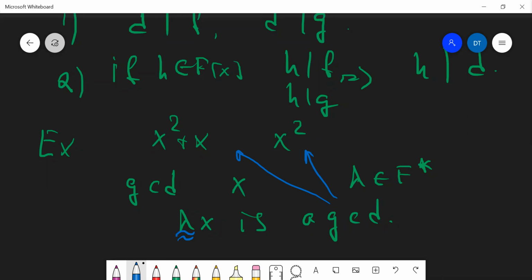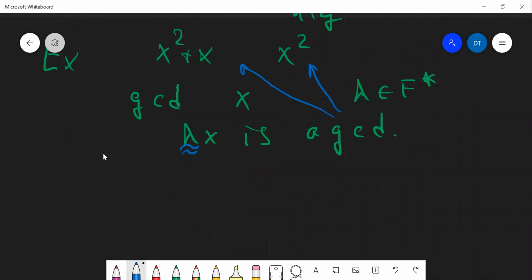So it's not unique. So in order to specify some greatest common divisor for uniqueness, you may require that the leading coefficient of the greatest common divisor be 1. So if you specify this property, then the greatest common divisor will be uniquely defined.